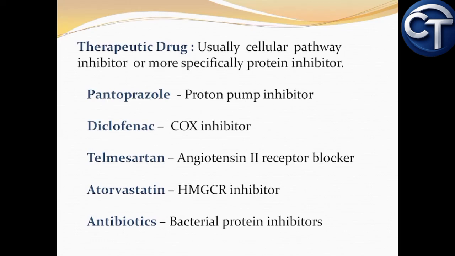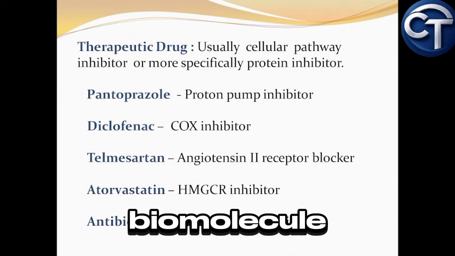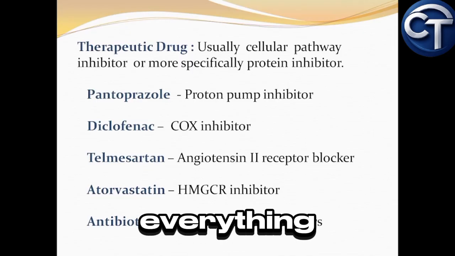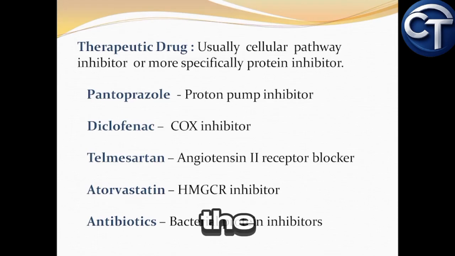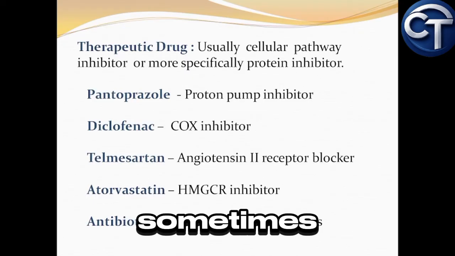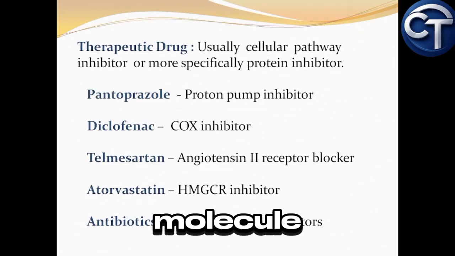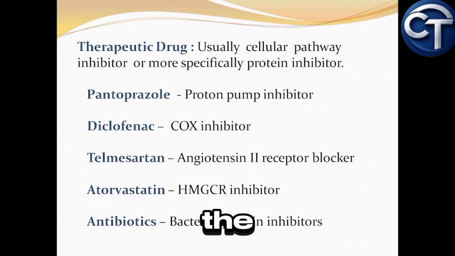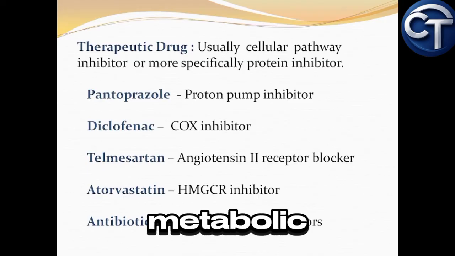So you see, the most important biomolecule in our body is the protein molecule, because every function, everything in our body is regulated by the protein molecule. Each protein molecule has its unique role. Sometimes more than one protein molecule expresses one feature, suppose the enzymes of a metabolic pathway.